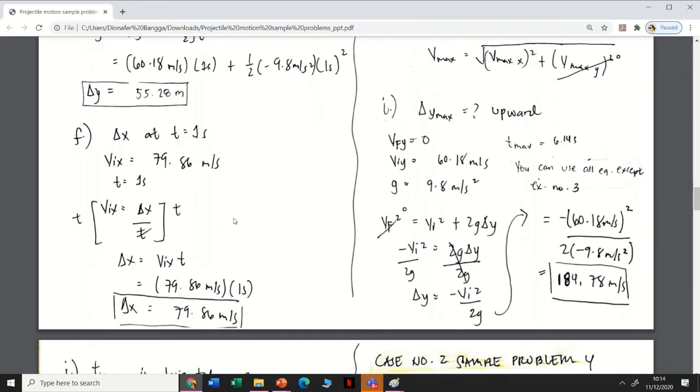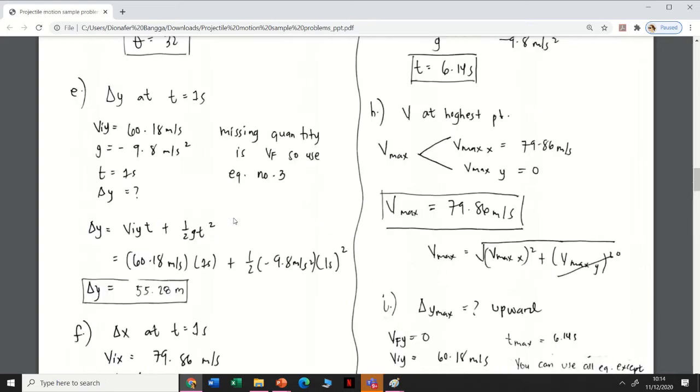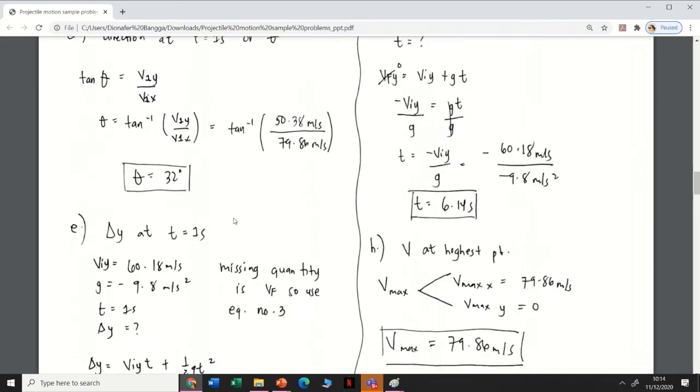And then the initial velocity is 60.18 meters per second, just like how we computed it initially, and then the automatic given of negative 9.8 meters per second squared. Now, we also know that the time it would take for this object to reach the maximum point, as we solved from letter G, is 6.14 seconds.